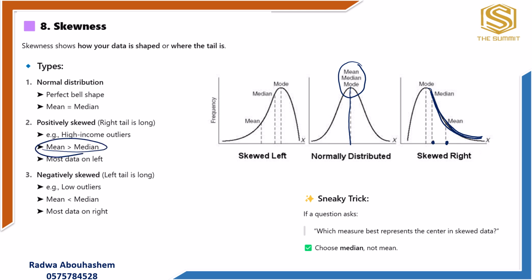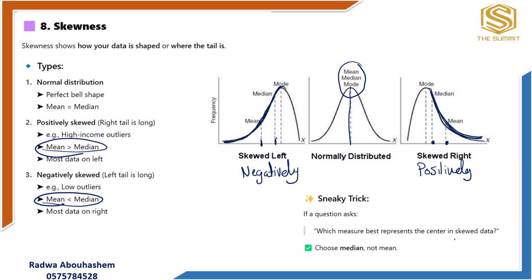And for negatively skewed, the left tail is long. And this means that your data is directed to the negative direction. And this means that the median is greater than the mean, or the mean is smaller than the median. And most data will be on the right.